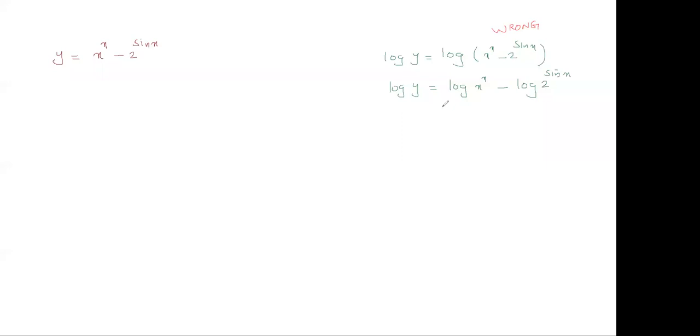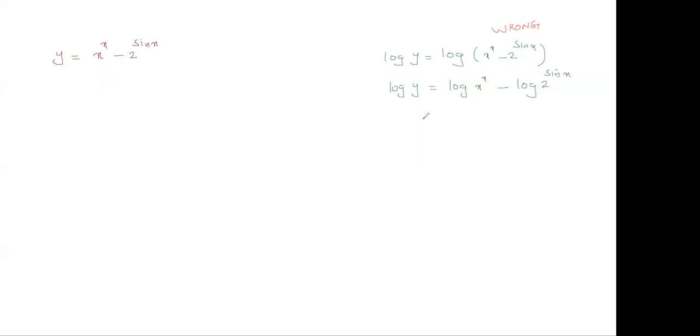Can you tell anybody? Did you find any mistake there? Sir, second step. If we write like that, then log of that will become divide, x to the power x upon the other.